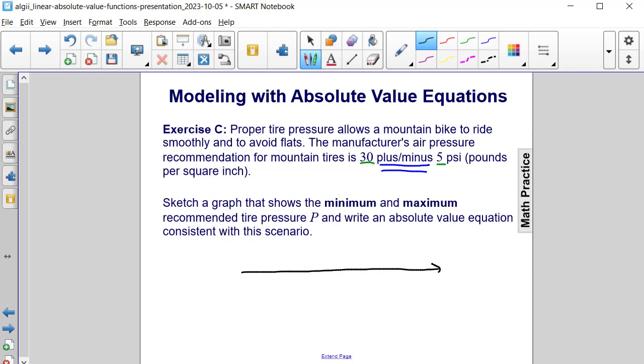So let's actually start graphing what we have here. Our center point is going to be 30. And then we can go 5 units above, plus 5 psi. And we can go 5 below. So this distance will also be 5.